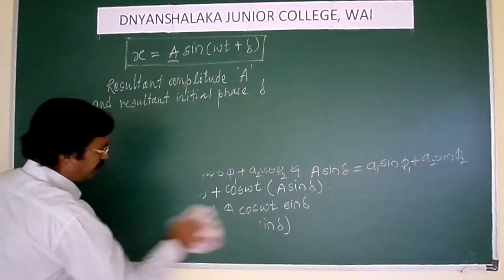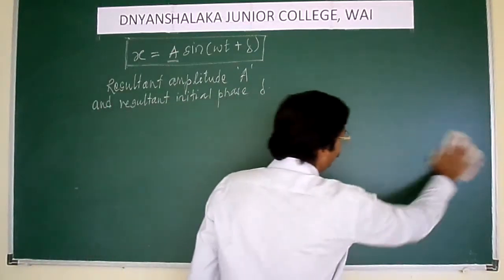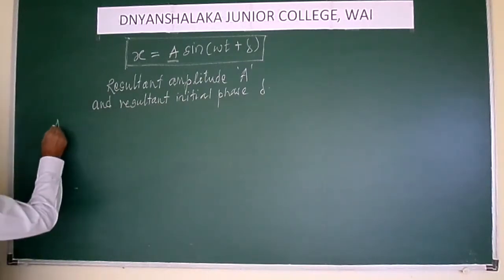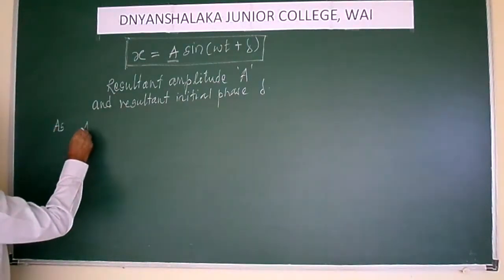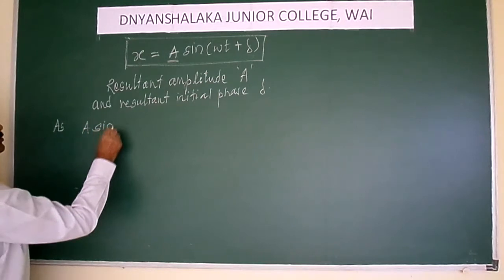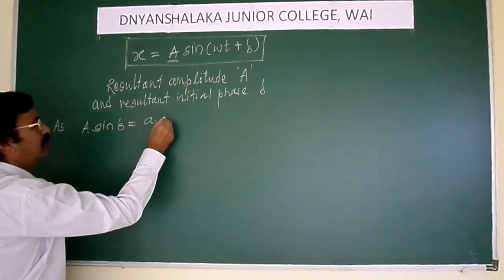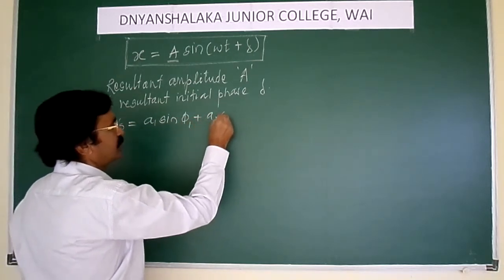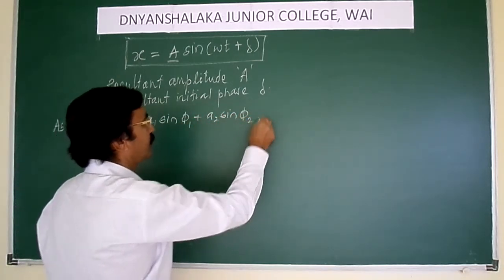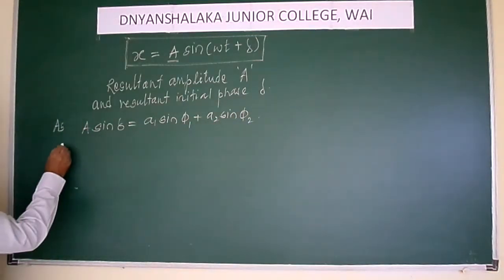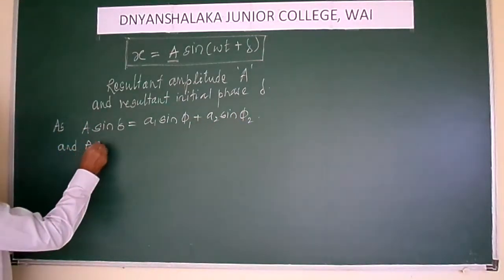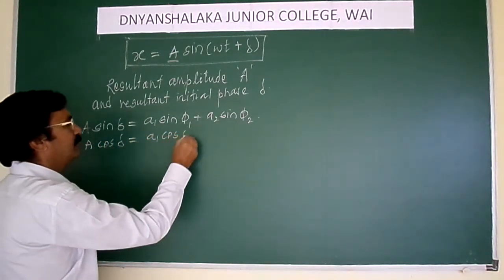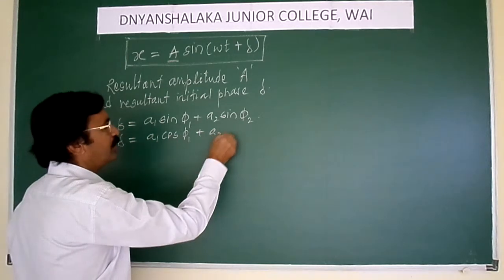In order to find these two values, let us take our consideration again as A sin δ is A1 sin φ1 + A2 sin φ2, and A cos δ is A1 cos φ1 + A2 cos φ2.